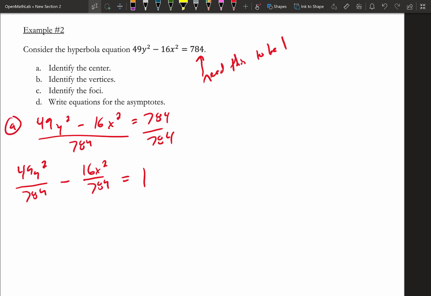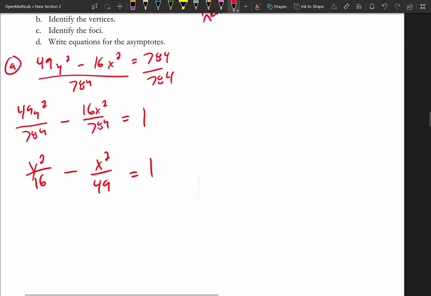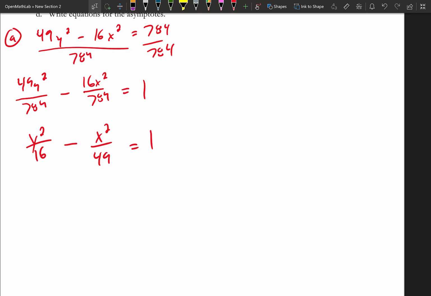So 49 divided by 784 reduces down to be 1/16, so we'd have y squared over 16. And then 16 divided by 784 reduces down to be 1/49, so this would be x squared over 49 equals 1. So now I have it in that standard form, right?